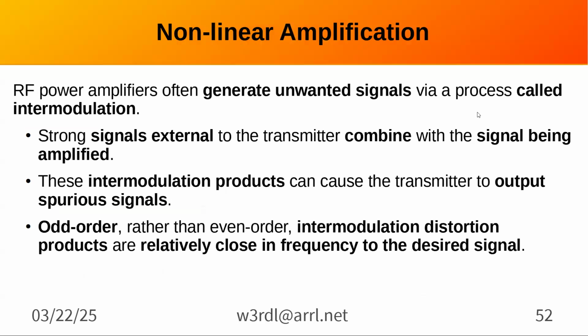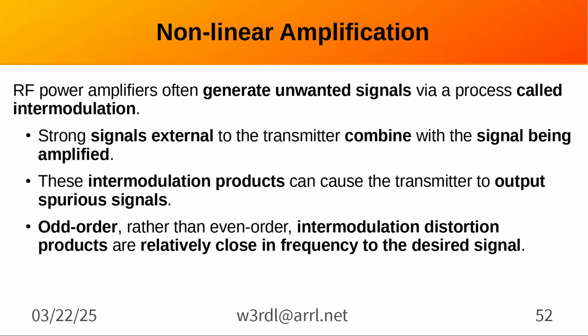Okay, you also have intermodulation products. If it's not perfectly linear, you can get those intermodulation products, which are the result of mixing the different signals, and you get the sum and difference of this, the fundamental plus all the harmonics of those.